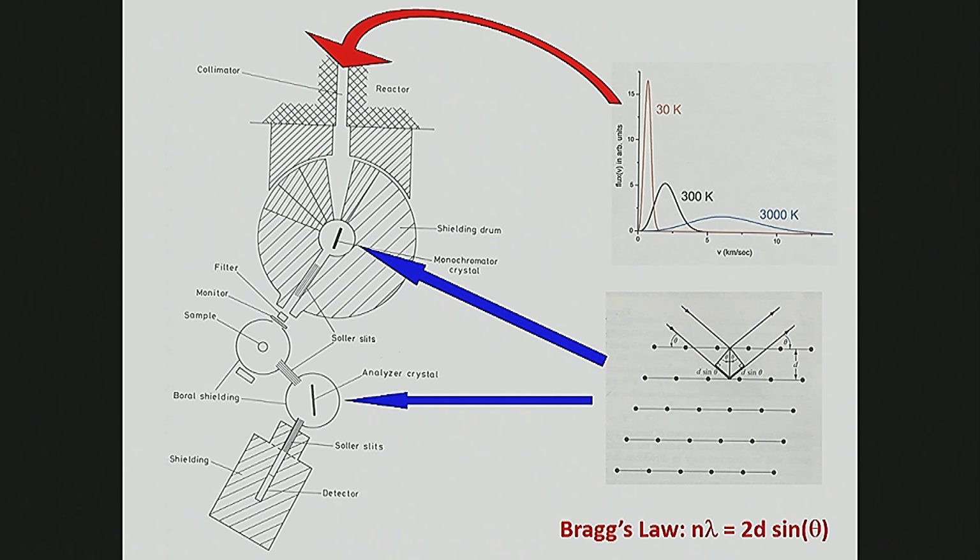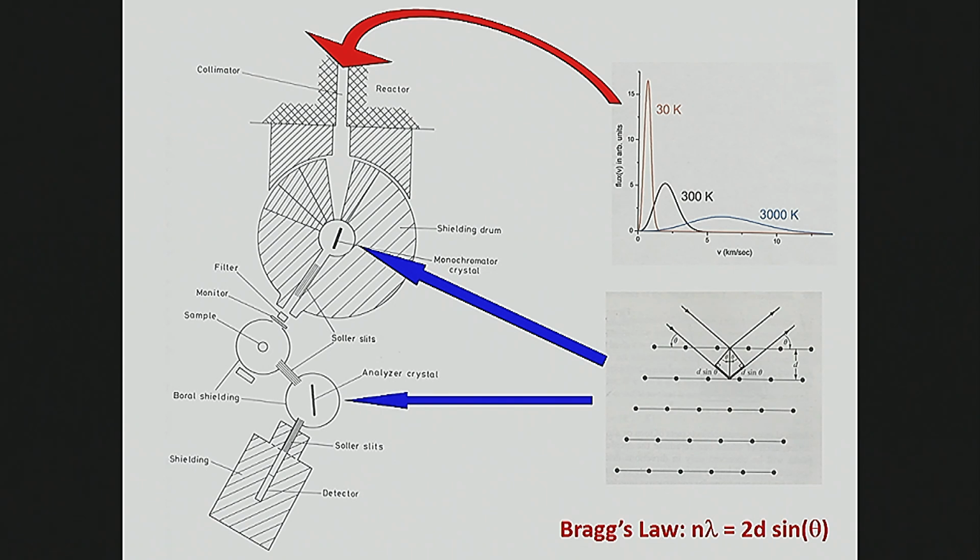And so we've set things up so that for a particular angle of incidence and angle of reflection from the atoms in this crystal here, we get constructive interference for a particular wavelength going in this direction. So if you have a white beam coming into the monochromator, you'll have basically a monochromatic beam going out in this particular direction. That's selected by Bragg's law.